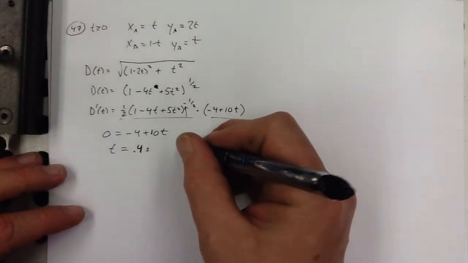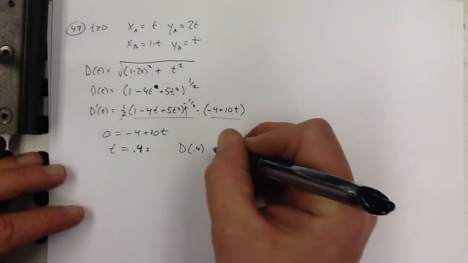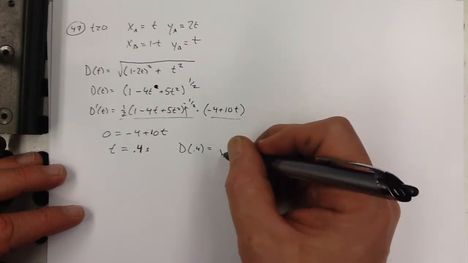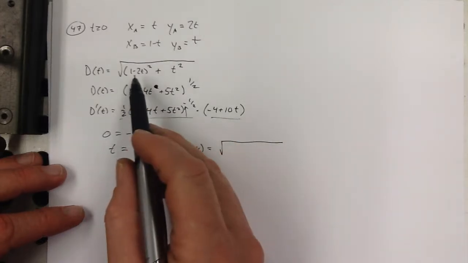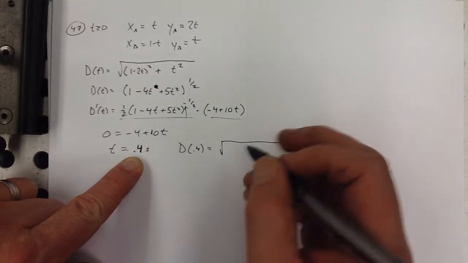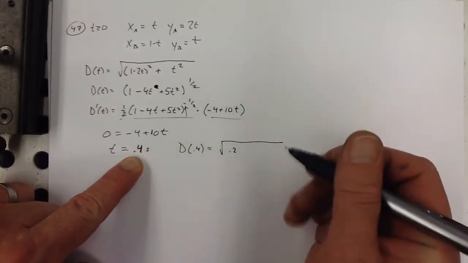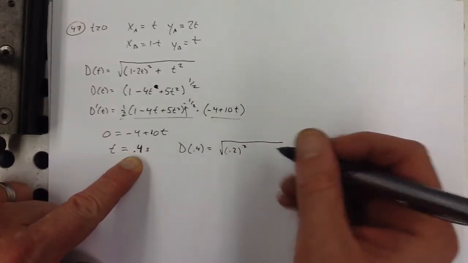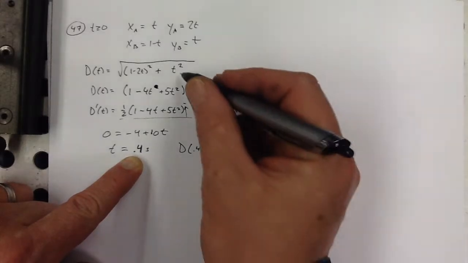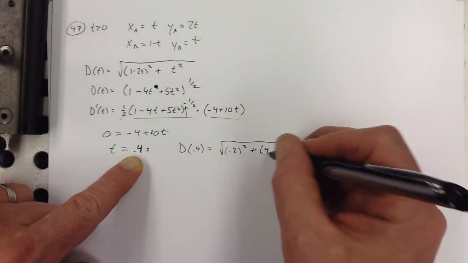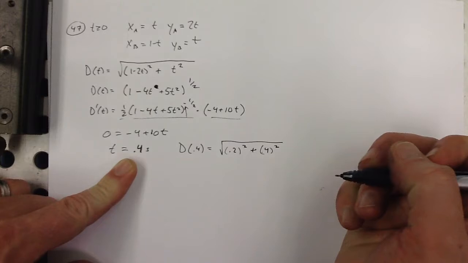So the distance between them at time 0.4 is the square root of 1 minus 2t, so that would be 0.2 squared plus 0.4 squared.